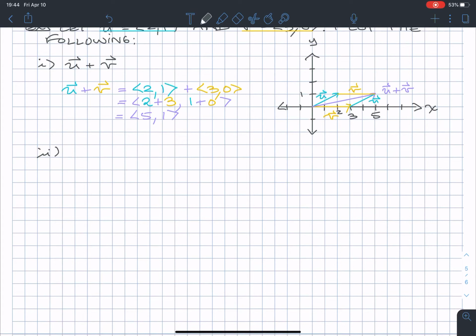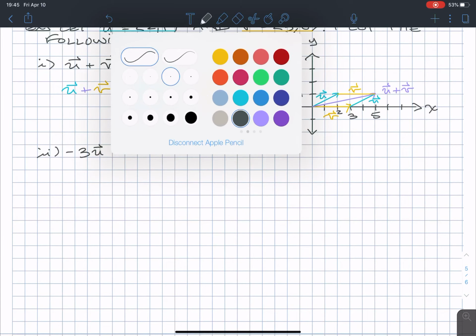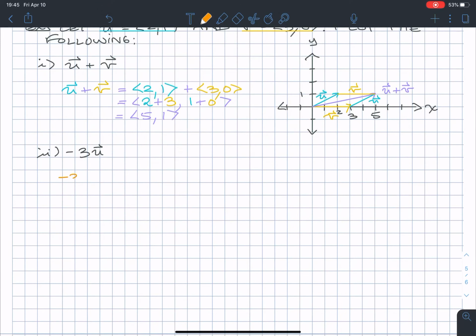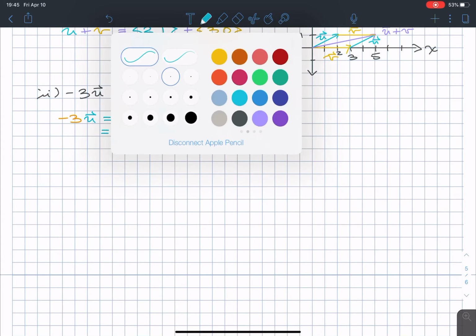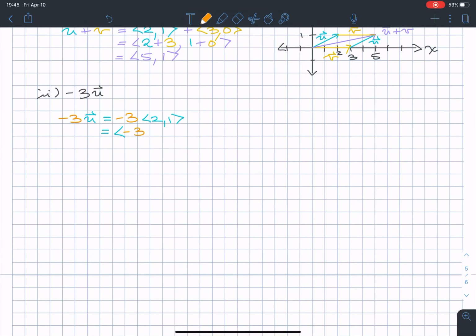Let's do negative 3 times vector u. So now we have negative 3 times vector 2 comma 1, which is negative 3 times 2 comma negative 3 times 1.